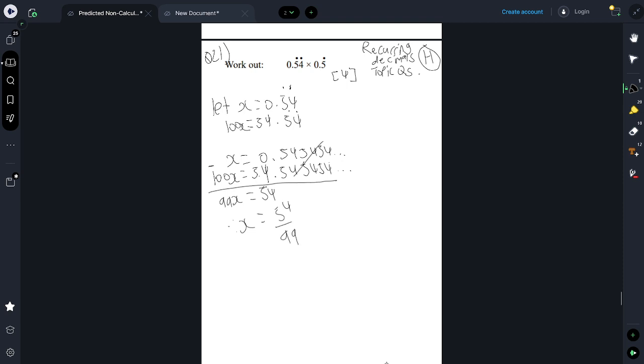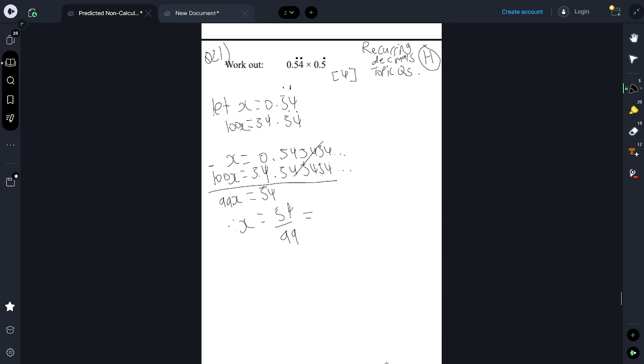Okay. Can we simplify? Yes, I believe we can. Let's check. 3 doesn't go into 54, 4 doesn't go into 99, 5 doesn't, 6 doesn't, 7... 11?